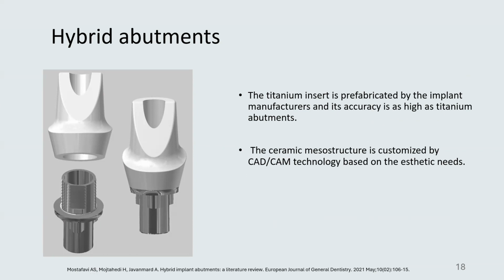Okay, the titanium insert is usually prefabricated by the implant manufacturers, and its accuracy is as high as the titanium abutments, and the ceramic mesostructure is customized using CAD/CAM technology based on the aesthetic and functional needs of the patient.